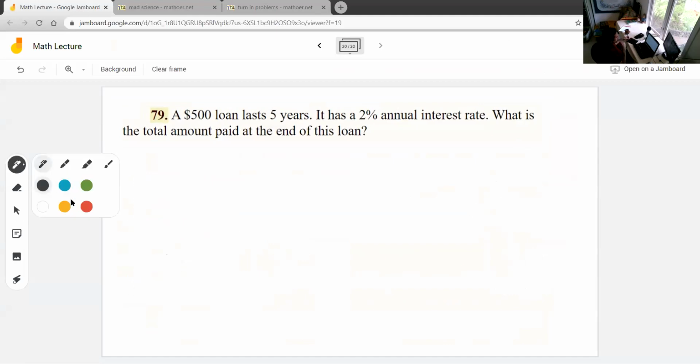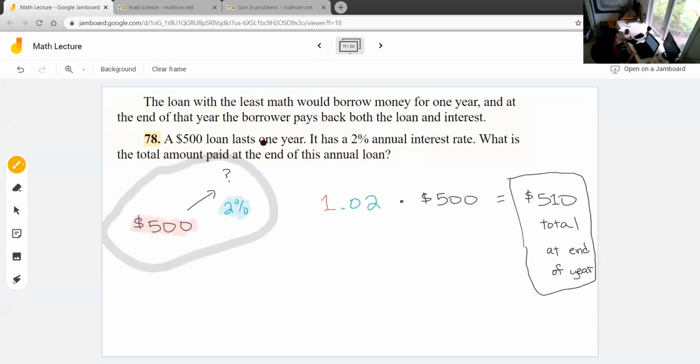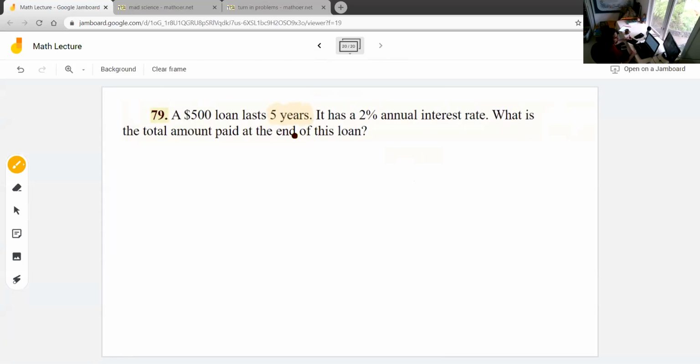So in this case, it lasts 5 years. Actually, I need a different color because we're going to use that for the 1 plus trick. Other than that, it's the same problem. Instead of 1 year, now we have 5 years. So I'm still going to take my 500 and increase it by 2%.